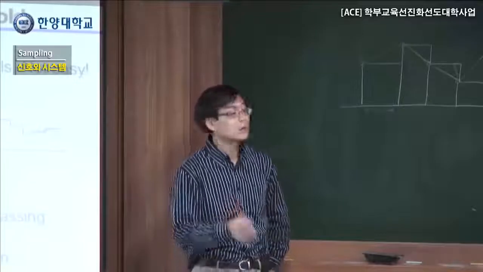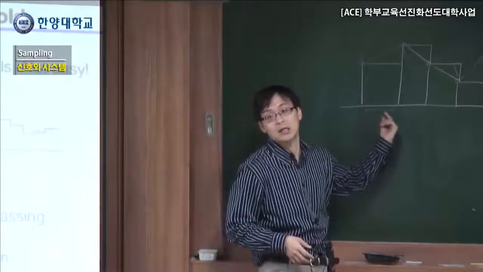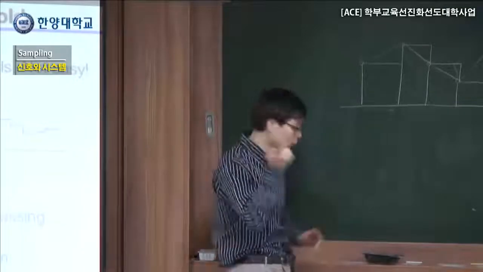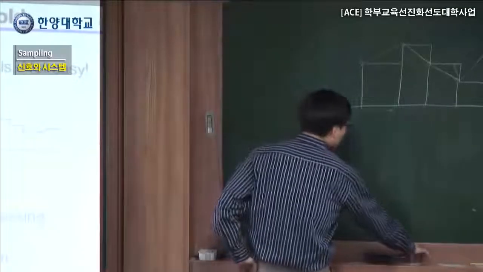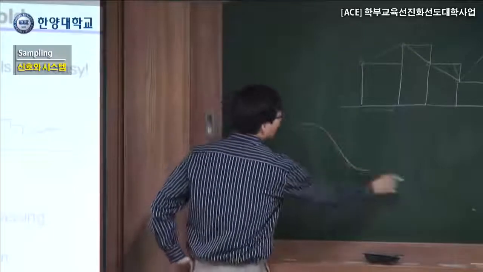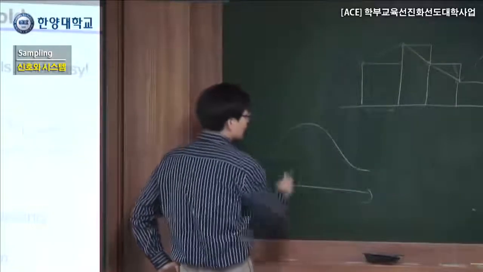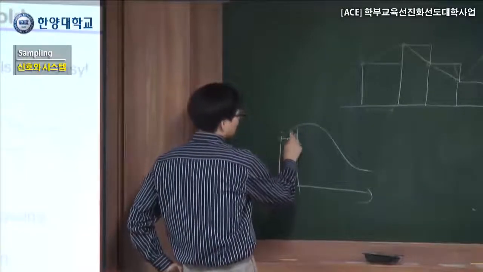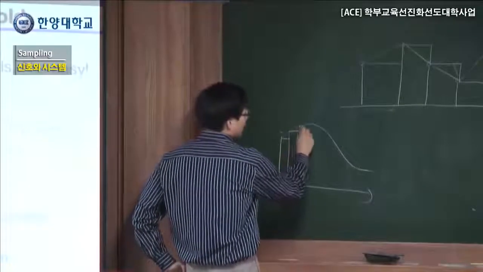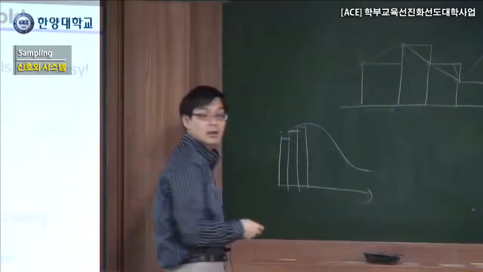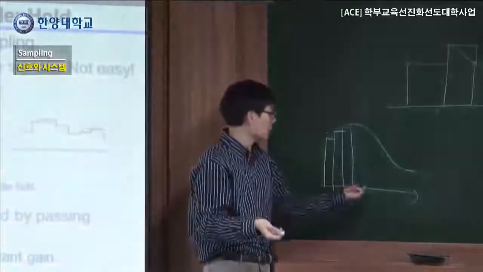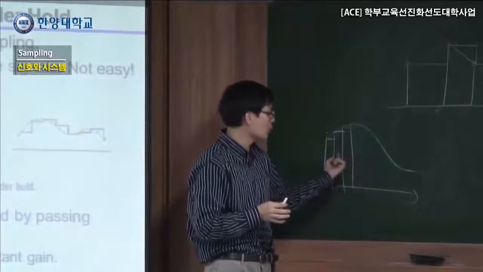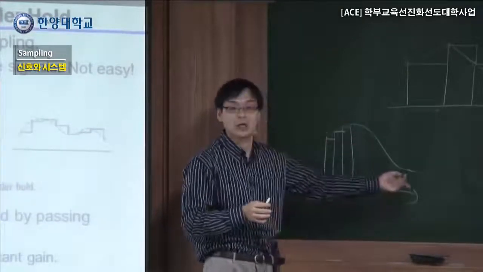But if you make the spacing very fine, very narrow, then they are close enough. It's similar to integration. In the case of integration, if you have data like that, you try to calculate the area underneath and add the areas, and you make the spacing narrow so that the sum of these areas is the same as the actual integral.